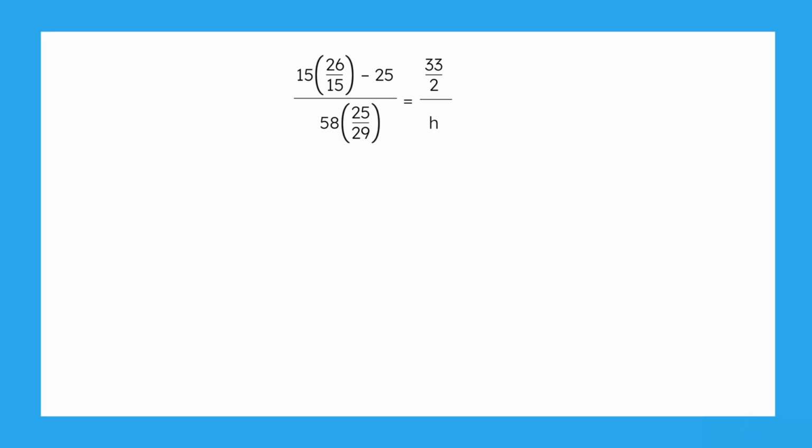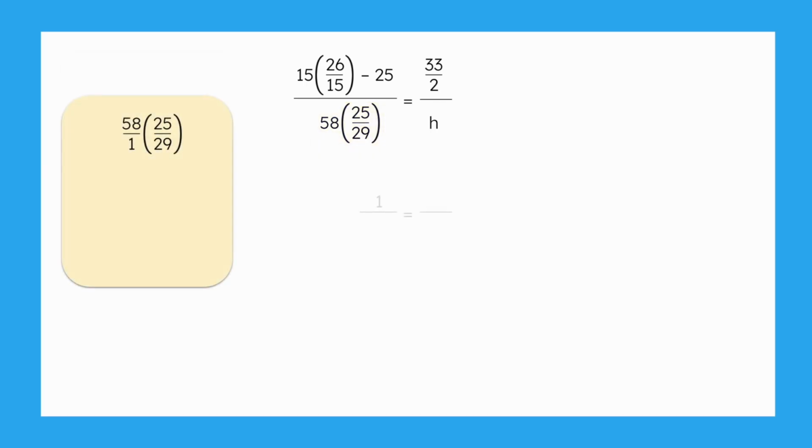We've got a lot going on here, so I think we should start by simplifying one piece at a time, starting with the numerator on the left. 15 times 26 over 15 is just 26, and 26 minus 25 is just 1. Next, let's simplify the denominator on the left.